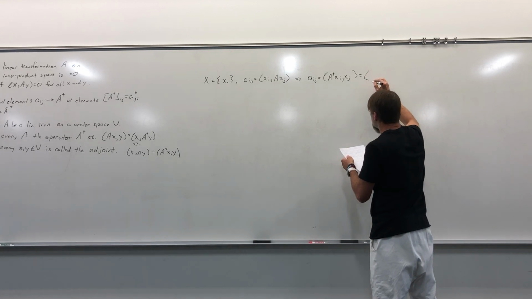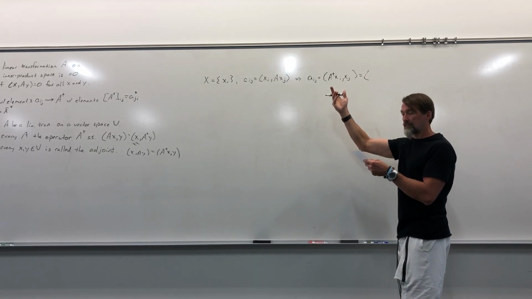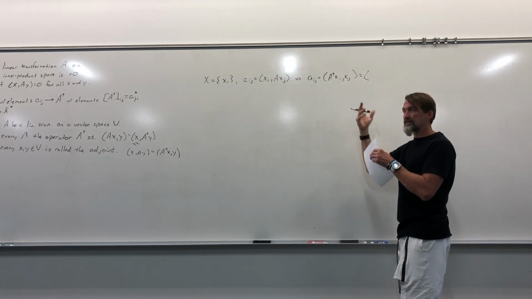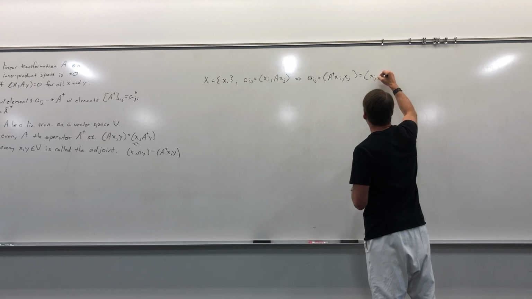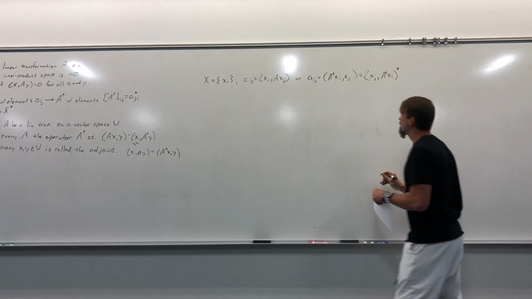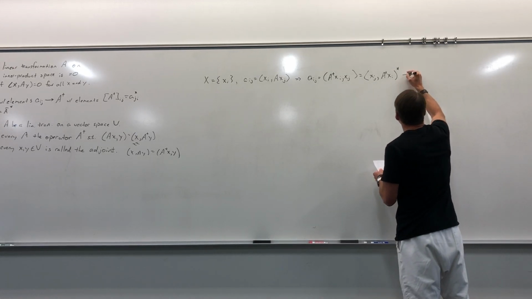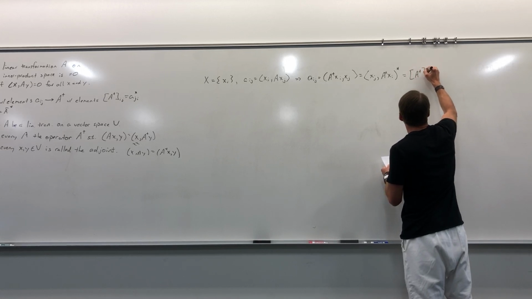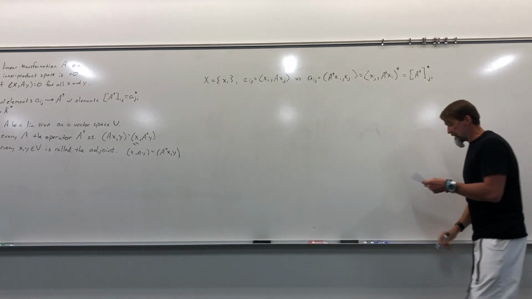Now, one interesting thing about the inner product is if I just flip it, I get the same valued thing, but it's got to be starred. So we have xj, A dagger xi star. And this is A dagger star ji.